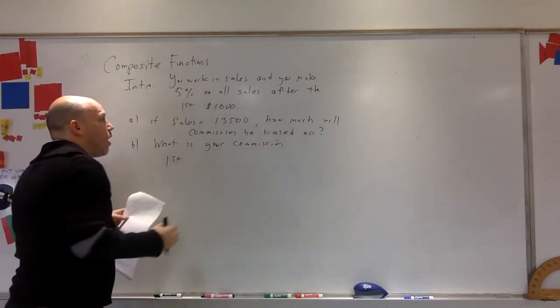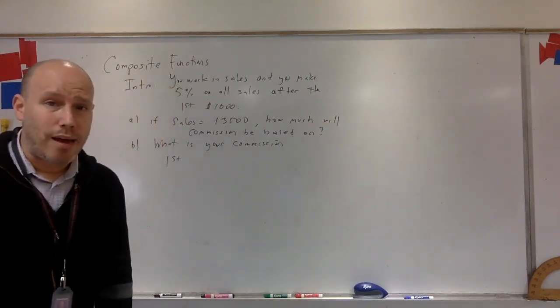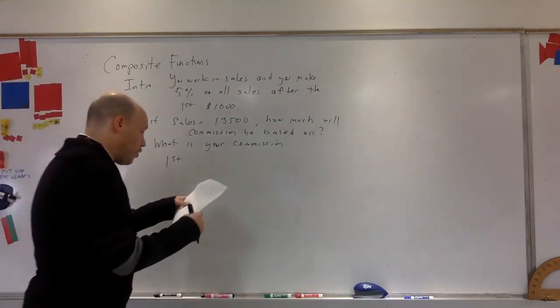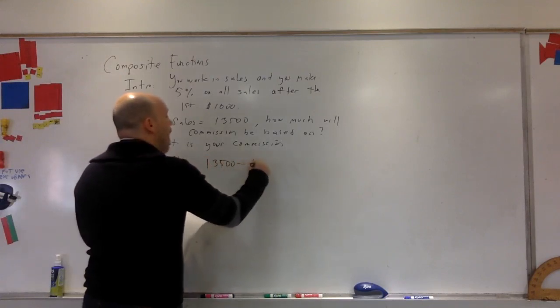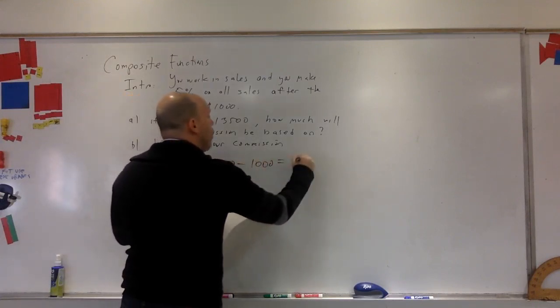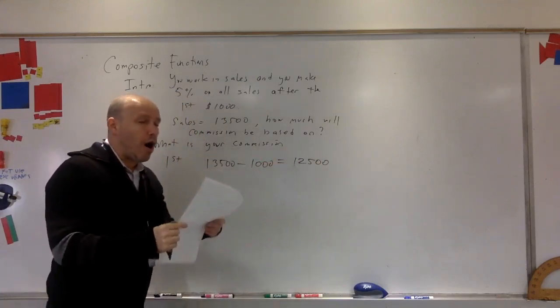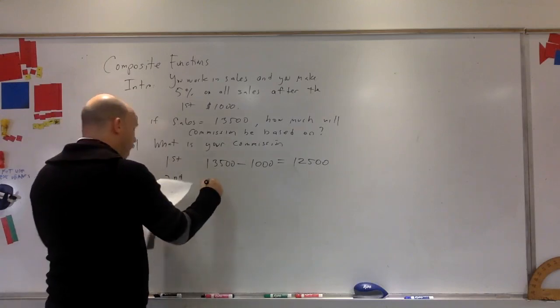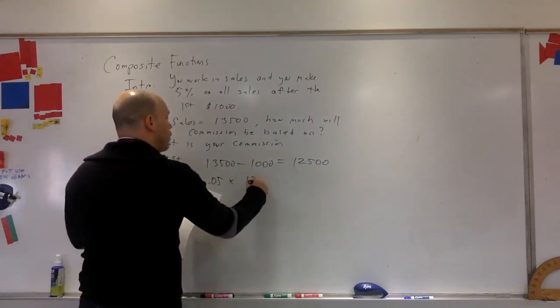Well, do I take 5% of 13,500? No. First, I have to take 13,500 and subtract 1,000. So 12,500 is what my commission is based on. Then, second, I take 5% of 12,500.